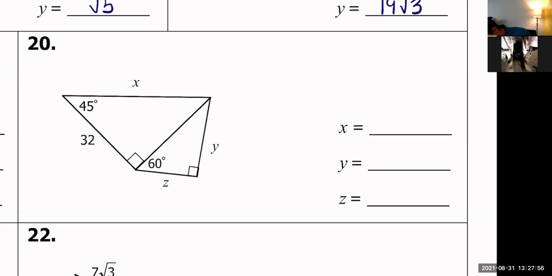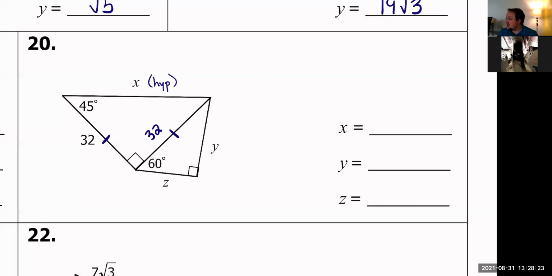Hypotenuse. And one of the cool things about 45, 45, 90s is that its 2 legs are congruent. Which means, although it's unlabeled, I know that this leg right here is also 32.